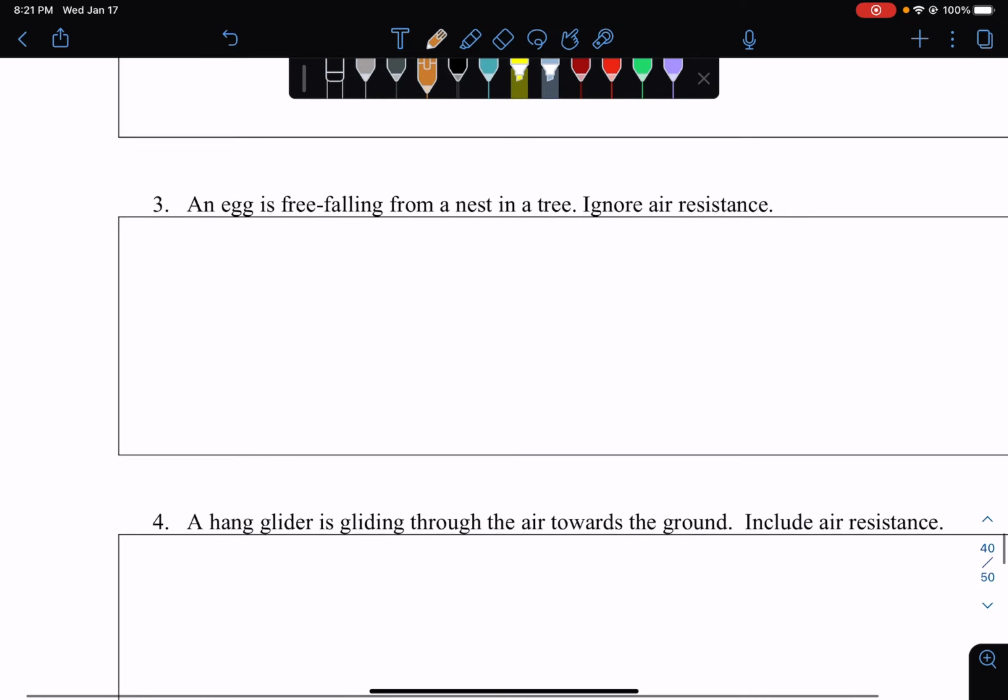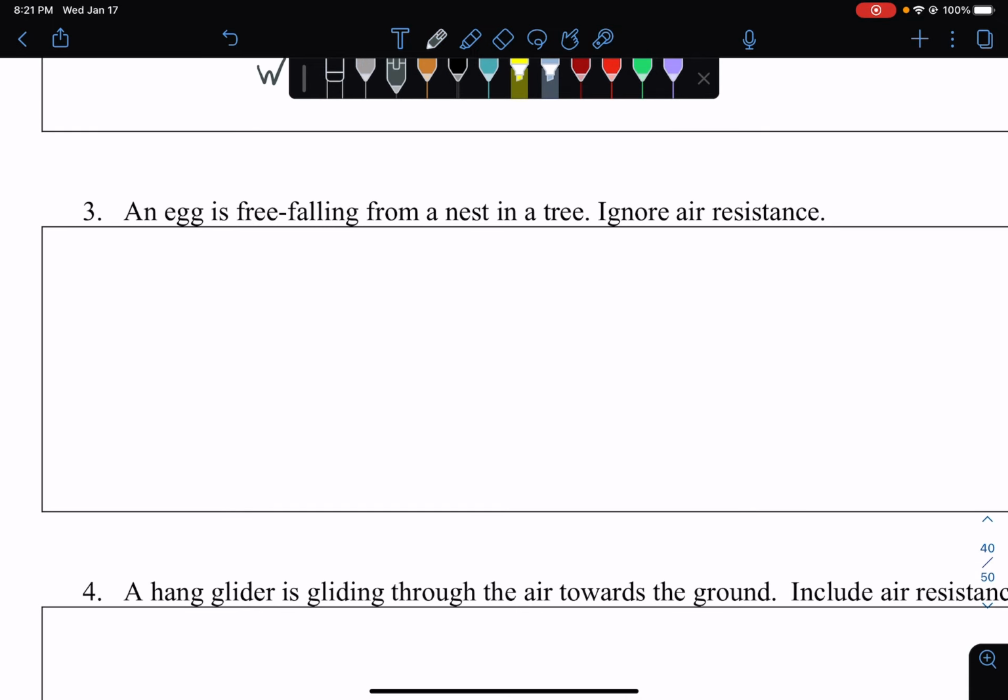Let's move to number 3. When an egg is free falling from a nest in a tree. So, okay, I won't draw a box anymore. So this is an egg, falling from a nest. Let's say this is the nest. And I'm not sure if we're supposed to write applied and frictional force.